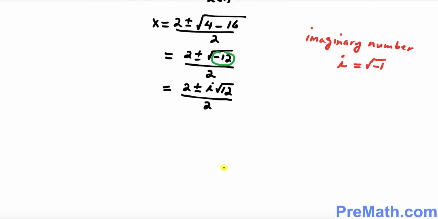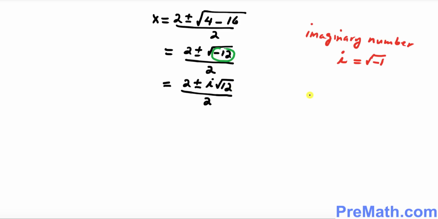One more thing I want to make sure of, look at this square root of 12. I want to write down over here, which could be broken down to 4 times 3. Again, I want you to break it down further as the square root of 4 and the square root of 3. The square root of 4 could be written as 2 times the square root of 3.